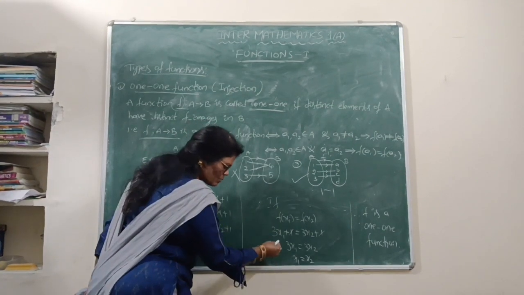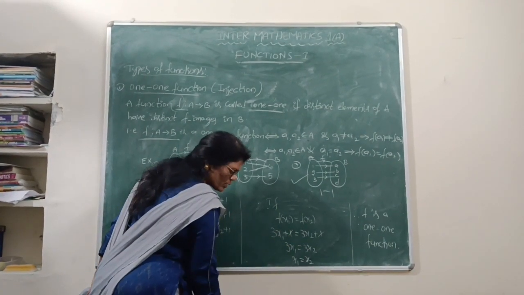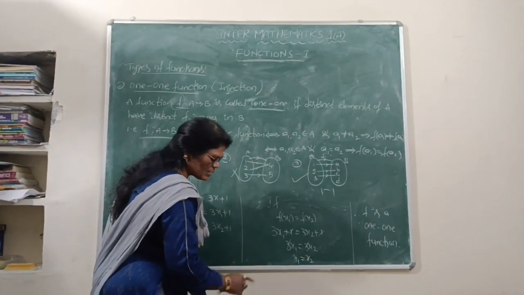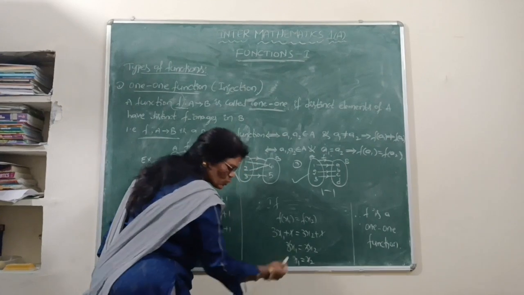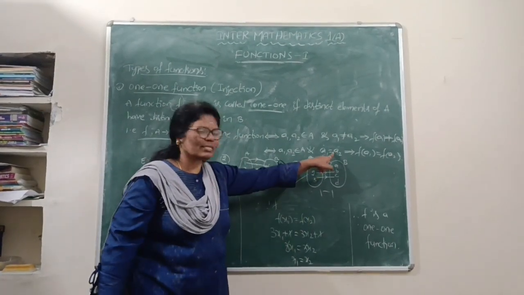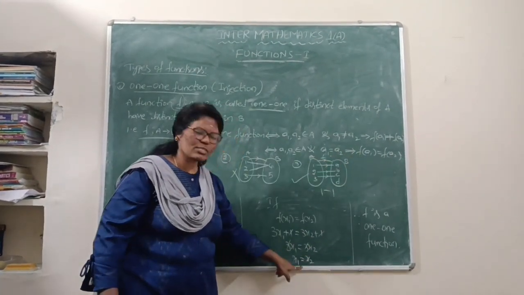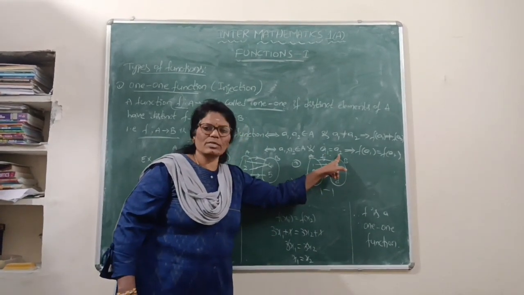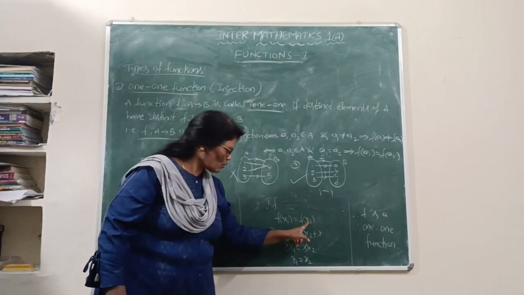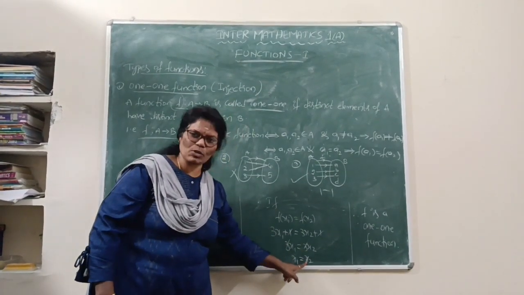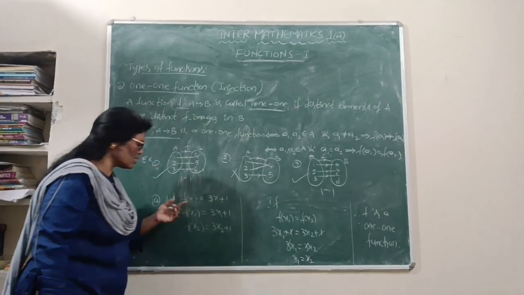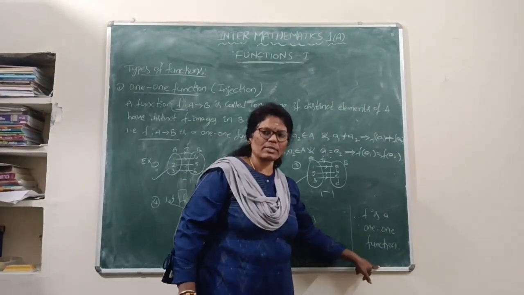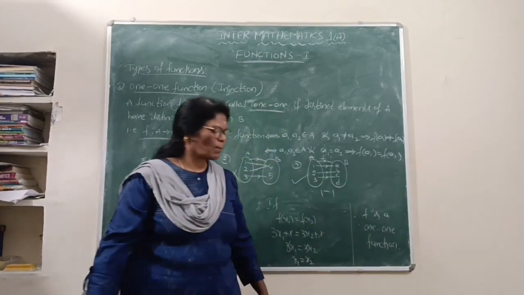The remaining terms are 3x1 equal to 3x2, and again 3 gets cancelled on both sides. Remaining x1 is equal to x2. That means the one-to-one condition is satisfied: f of A1 equal to f of A2 means A1 equal to A2. So f of x1 equals f of x2 means x1 equals x2, we got. Therefore this function is a one-to-one function. Is it clear? Note this point.